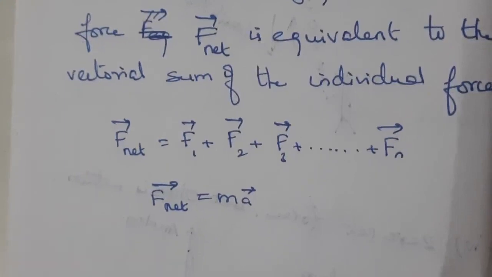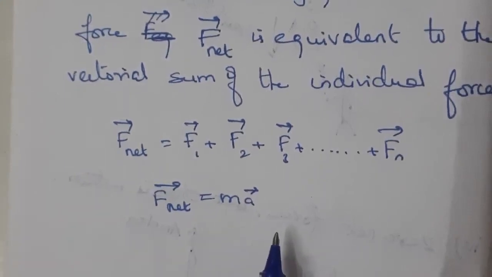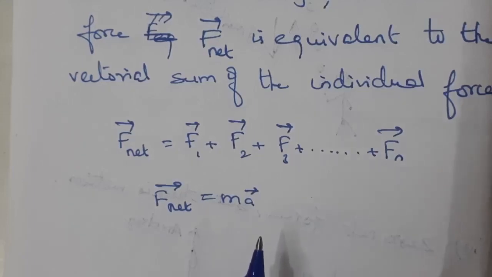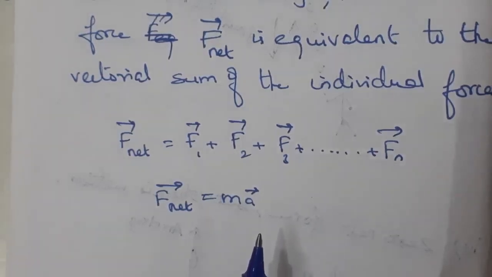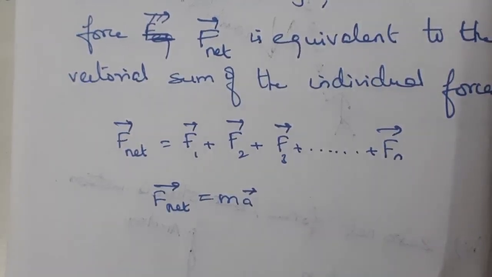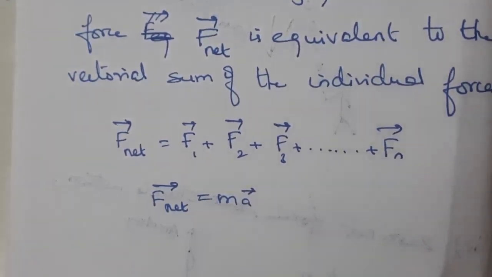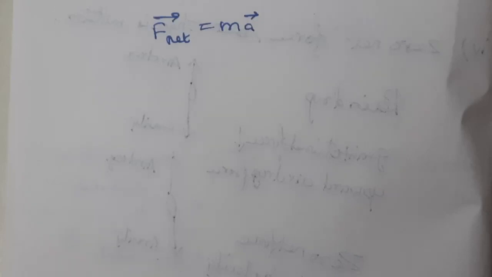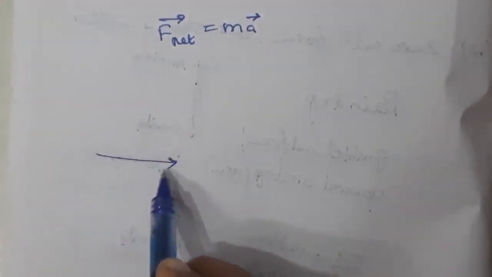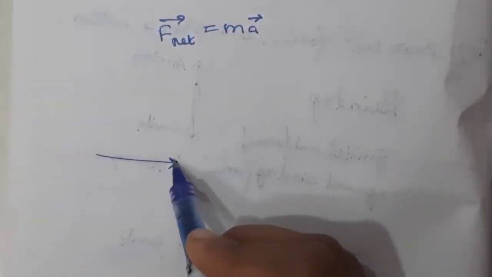F net is equal to ma vector. Already I said Newton's laws are vector laws, so it should obey the vector additions. For example, the forces acting at a particular angle. Consider this is one force and another force.